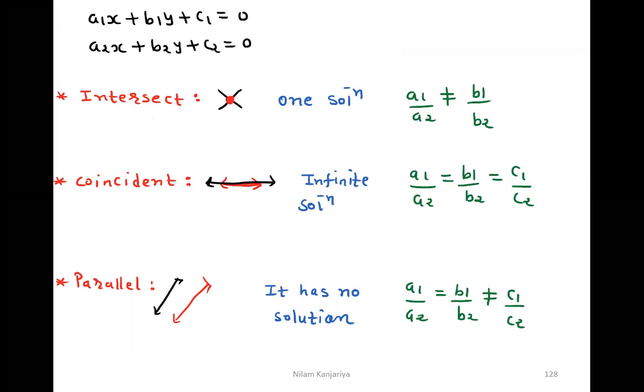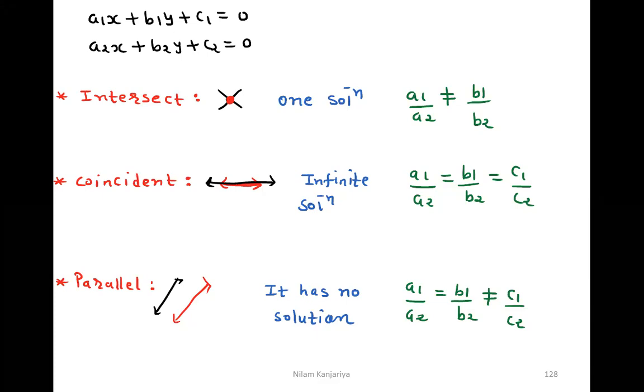When the three ratios are the same, the lines are coincident, which means infinitely many solutions. And when two ratios are the same but not equal to the third ratio, the lines are parallel and it has no solution. So remember this, it's very important.